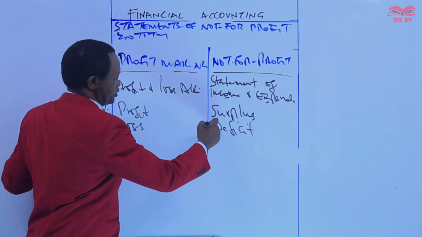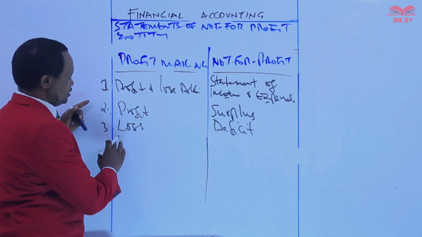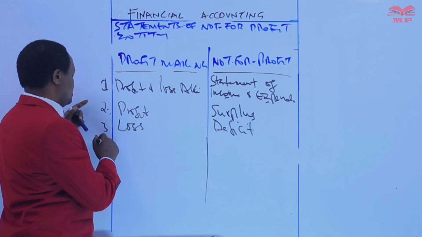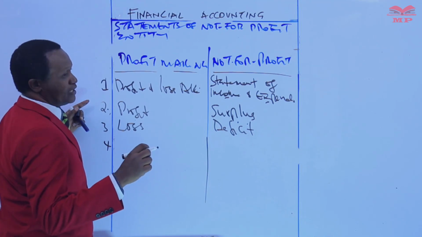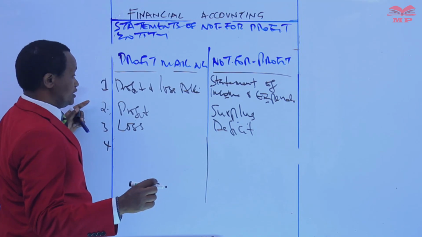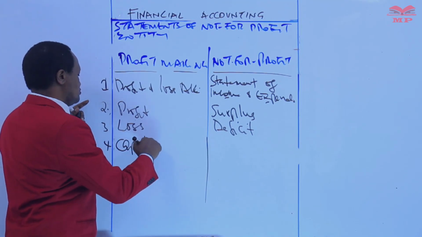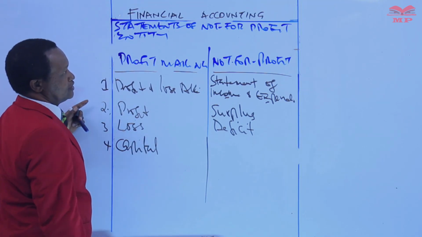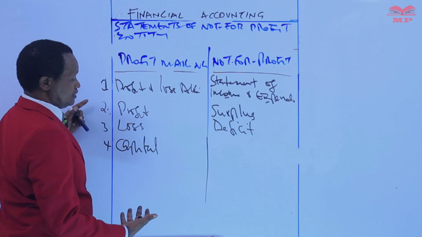Another distinction between these two organizations is in relation to the balance sheet. In the balance sheet or the statement of financial position of a profit-making organization, you have what we call capital. This is the money that the owners inject into a business.